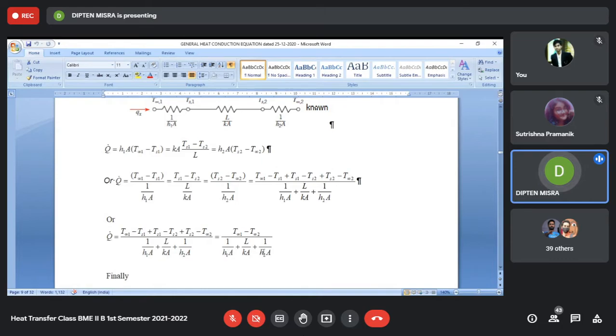So this is the total resistance, and heat transfer will be the overall temperature difference divided by the corresponding overall resistance between the 2 points 1 and 2.